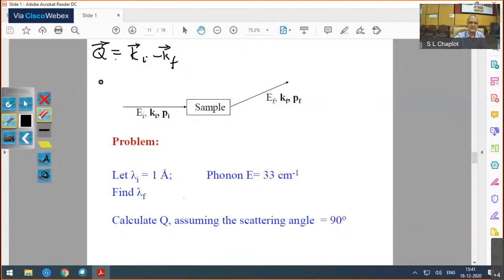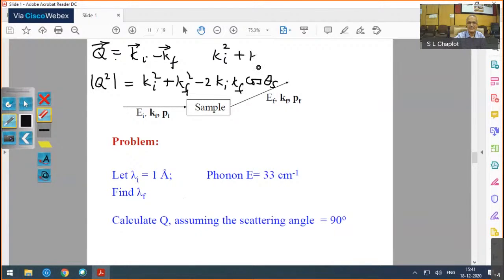And so you can see that the magnitude of Q square would be Ki square plus Kf square minus 2 Ki Kf times the cos of the scattering angle, let's call it theta s. It's simple vector algebra. Formally, it is Ki square plus Kf square minus 2 Ki dot Kf.